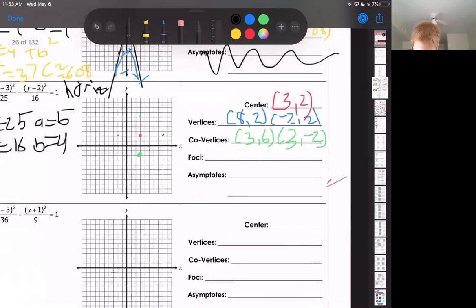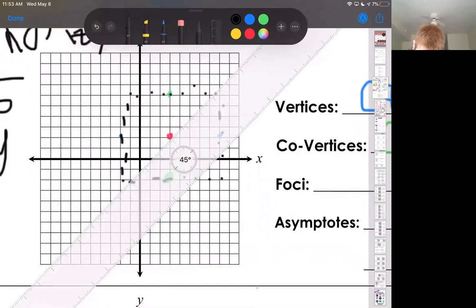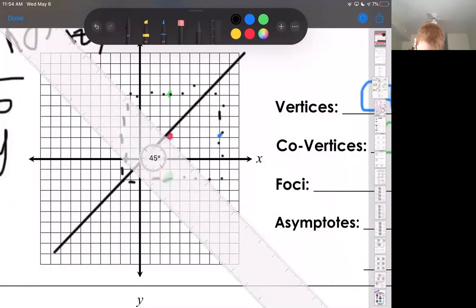So now we're ready to draw in our rectangle. And we're going to use our ruler to try our best to draw our asymptotes. I'm going to do a solid line just because it shows up a little bit better on the iPad.